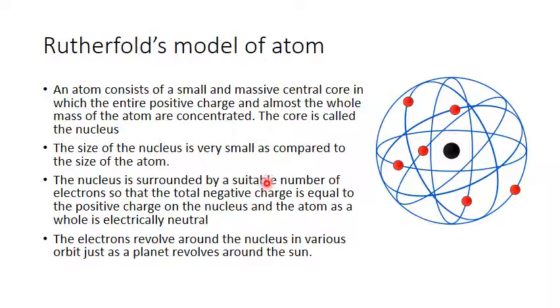Third point, the nucleus is surrounded by a suitable number of electrons so that the total negative charge is equal to the positive charge on the nucleus, and the atom as a whole is electrically neutral. Suppose this is the positive charge of the nucleus, and the negative charge is well distributed like these red dots.